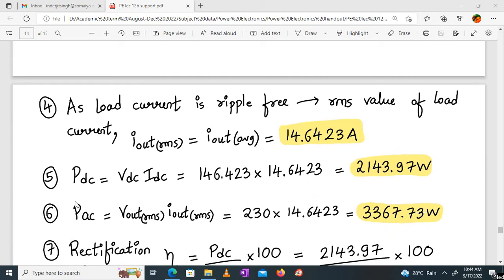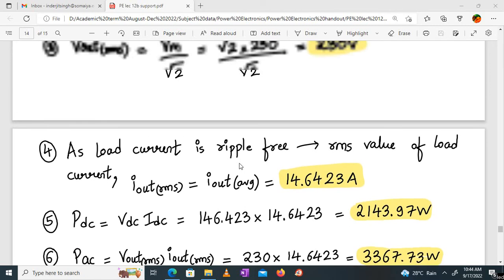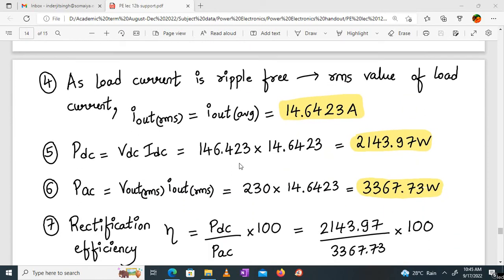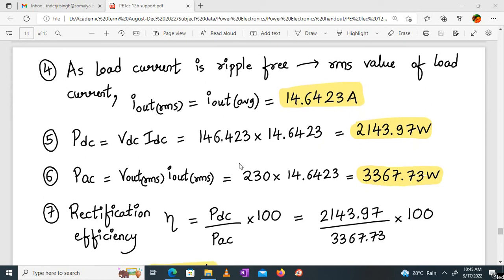Next we calculate PDC, which is the product of the average value of the output voltage and the average value of the output current, that is VDC into IDC. The values are determined from the earlier steps. VDC is 146.423 and IDC is 14.64, so the product comes out to be 2143.97 watts.